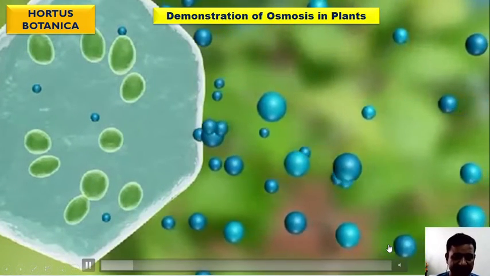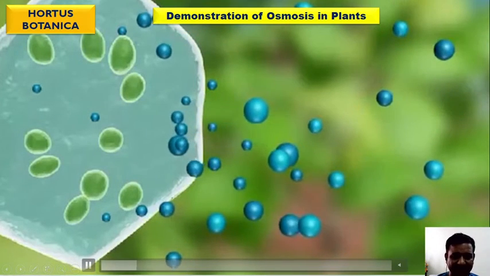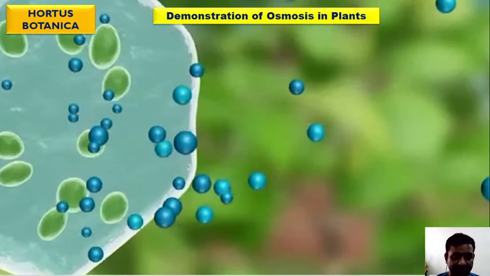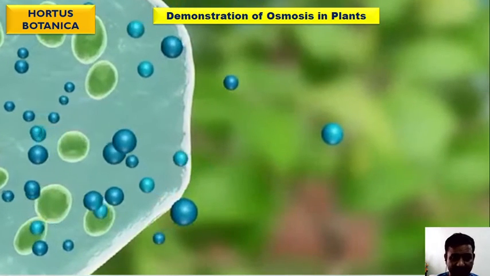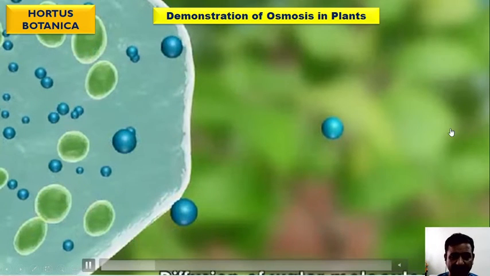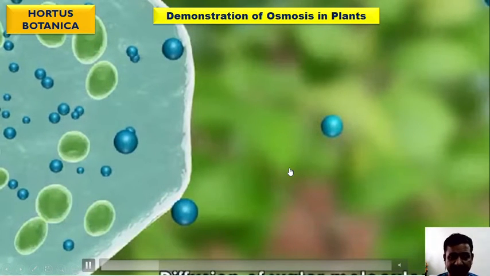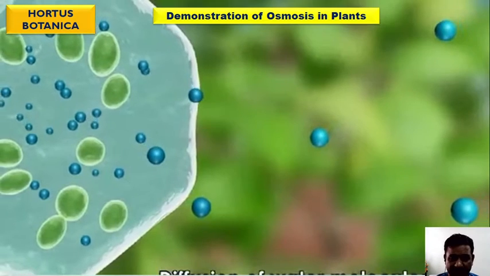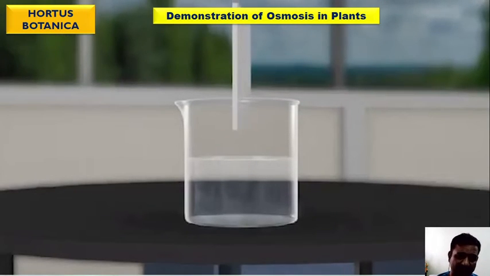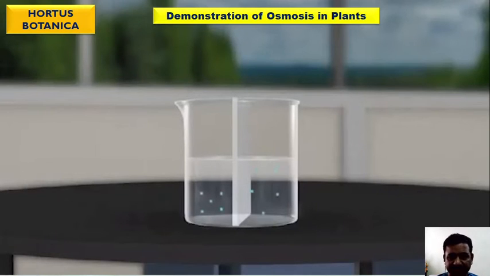See how water is being taken inside the cell, because the cell has cellulose, and that is your chloroplast. The chloroplast will perform photosynthesis, and due to photosynthesis, what happens? They have glucose, and glucose will make it a hypertonic solution, and that's why water will move from hypo to hyper.